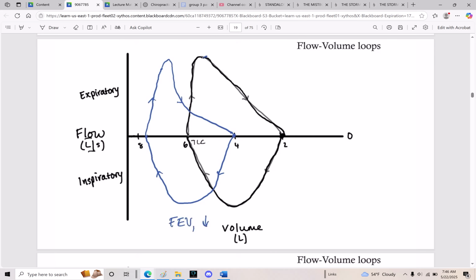So remember, a person who has obstructive lung disease, what happens? They have difficulty breathing out. Obstructive lung disease is a group of diseases, the very important characteristic of which is that the person has a problem breathing out.